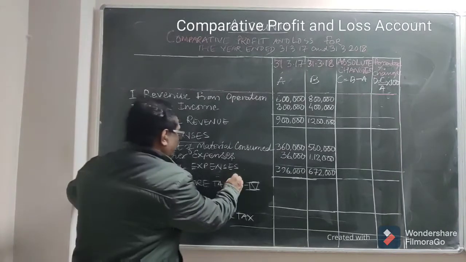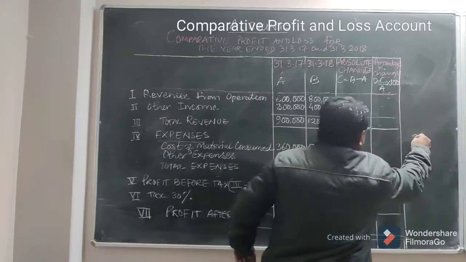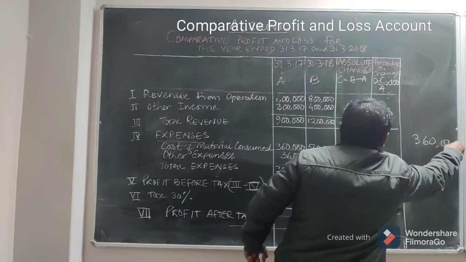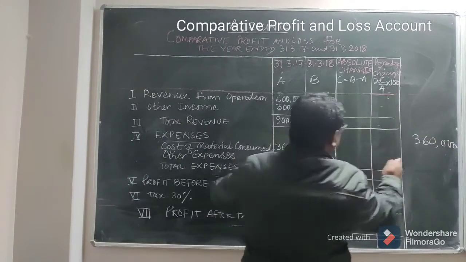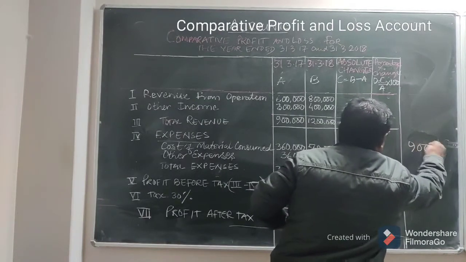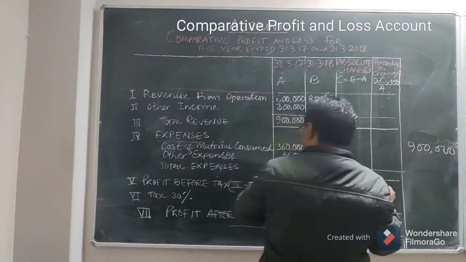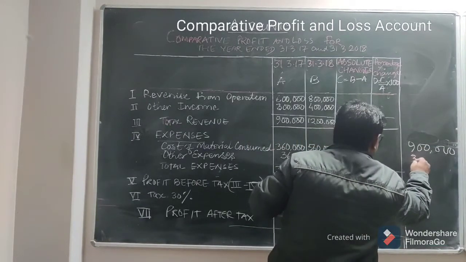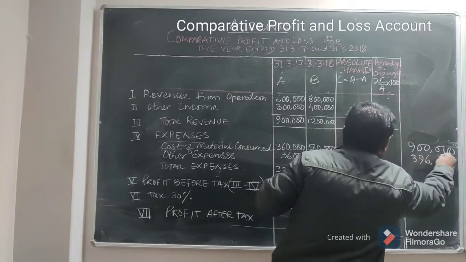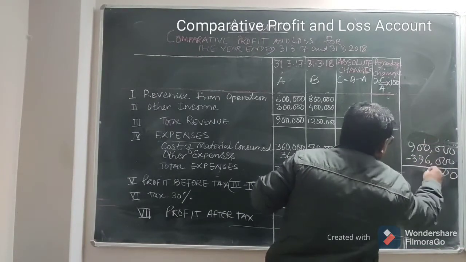So 9 lakhs is the total revenue in the last year, and the last year's expenses are 3,96,000. If you subtract this, we'll get the profit here.